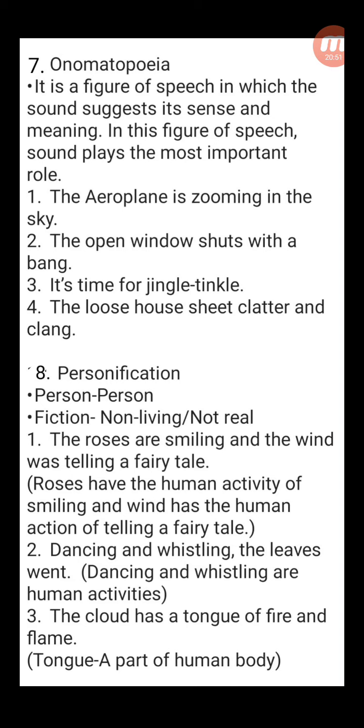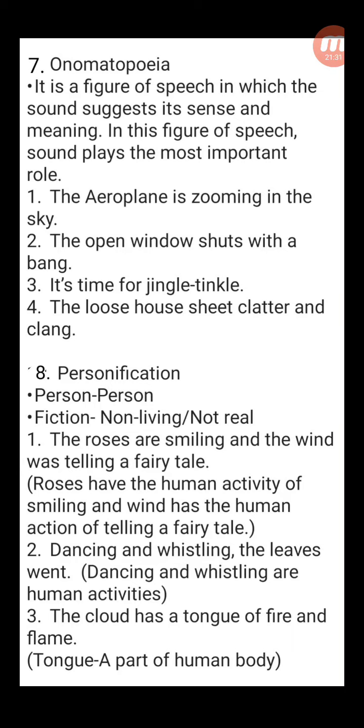Again, it is the sound of a bell, small tiny bells. Especially at Christmas time when we sing jingle bell, jingle all the way, jingle tinkle, so small bells ringing. Gong of a school is again a bell, but it's a loud sound. Gong of the bell goes, right? School bell. The loose house sheets clatter and clang. The loose house sheets are the roof sheets which are put over the house.